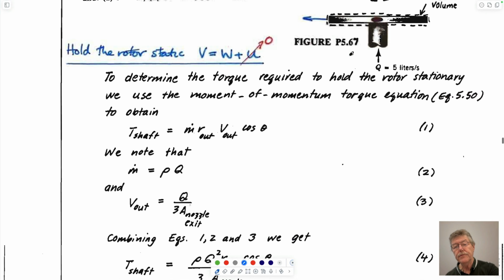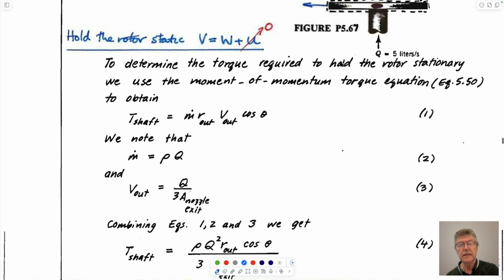In this example, if we want to calculate the torque on the shaft, it's the mass flow rate out times the radius times the velocity. So this would have been what we called W. This would have been what we called Q rho. And this is what we would have called R.